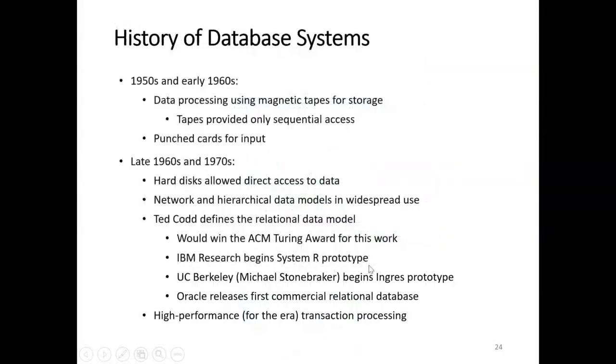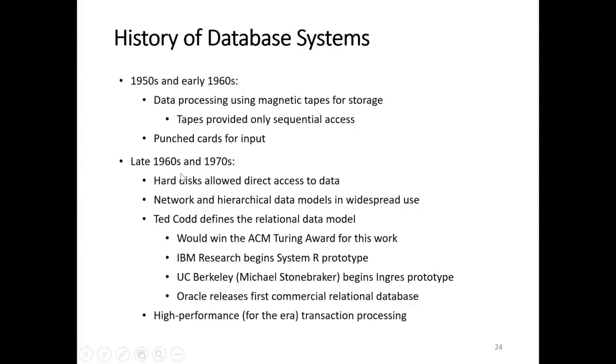Okay. Then regarding the history, my history is very bad, so that's why I'm trying to explain. Basically in the 1950s and 1960s, the database still relied on the file system. Files were usually stored on magnetic tapes, okay? And punch cards were used for output.